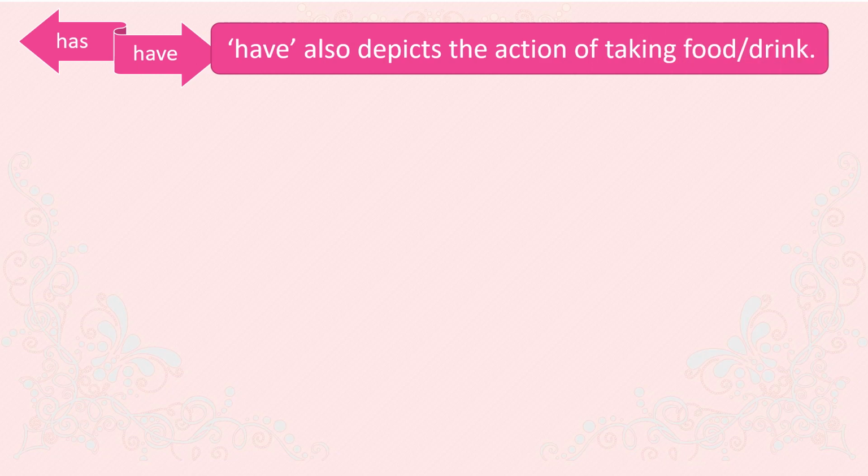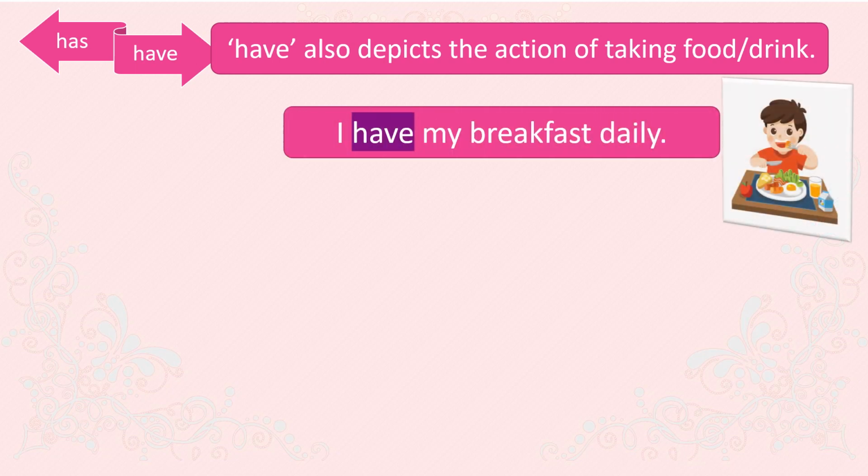Children, have also depicts the action of taking food or drink. That means instead of eating or drinking, we use has or have. For example, I have my breakfast daily. We didn't say I eat my breakfast daily, but instead of eat, we have used the word have.